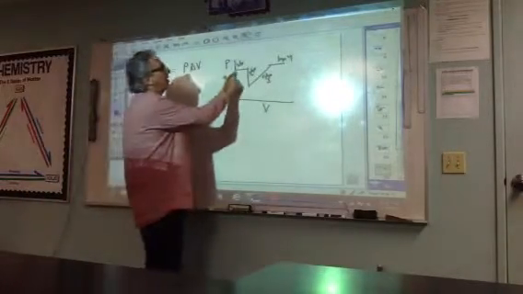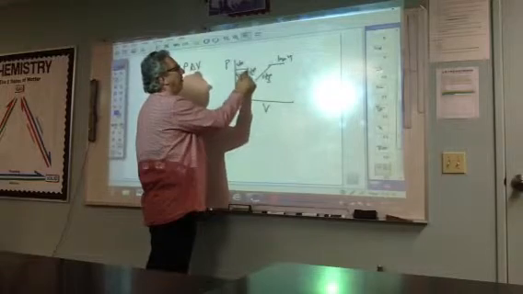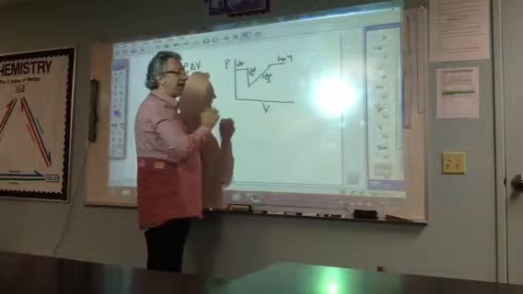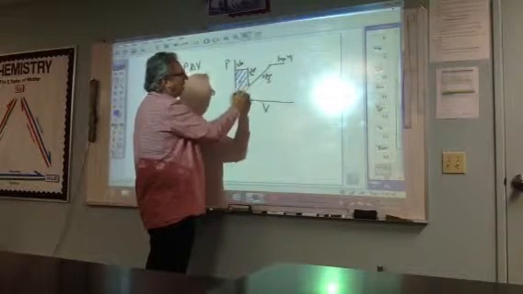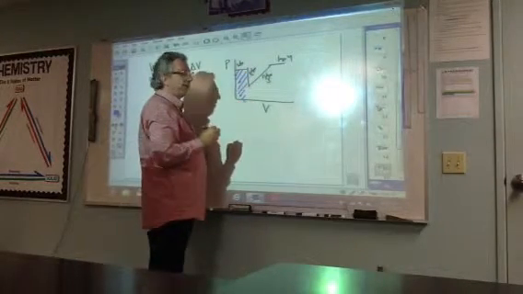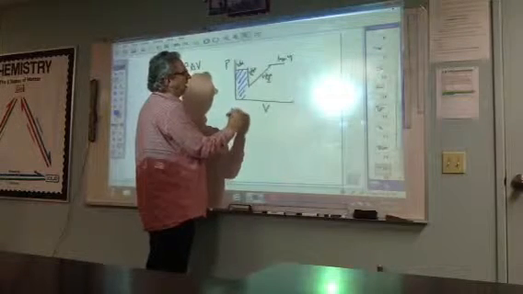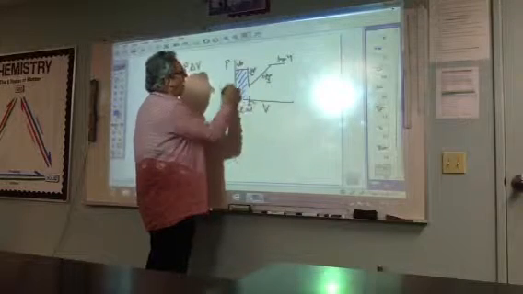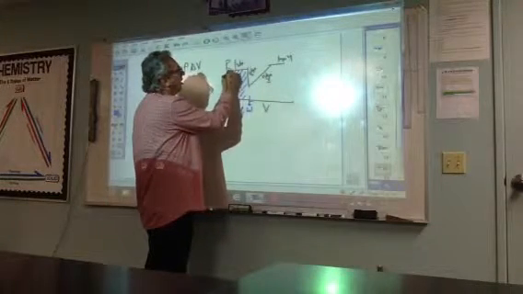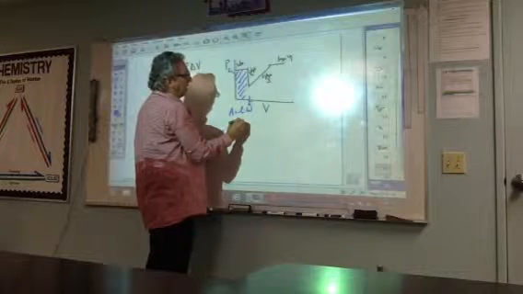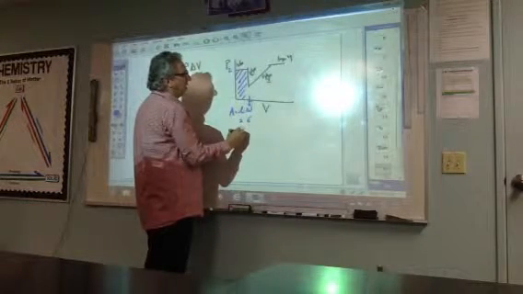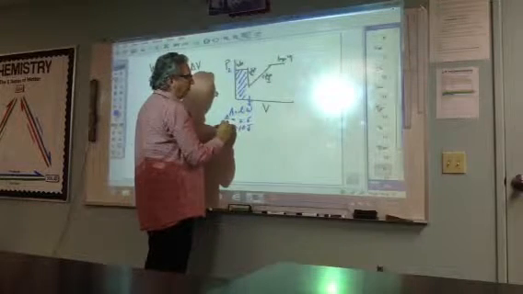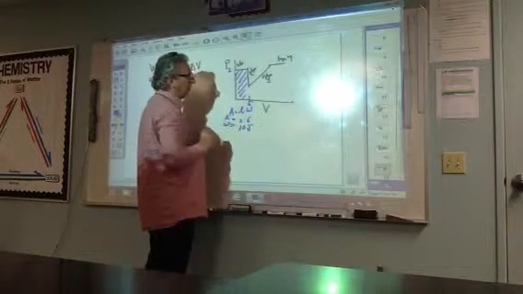How much work was done in step 1? It's the area under the curve, a rectangle. Area of a rectangle is length times width. If this was 5 and this was 2, then the answer would be 2 times 5, that's 10 joules, because the area equals the work.